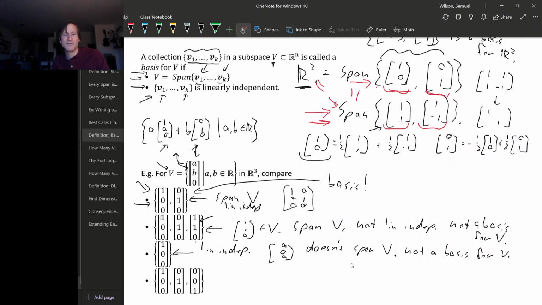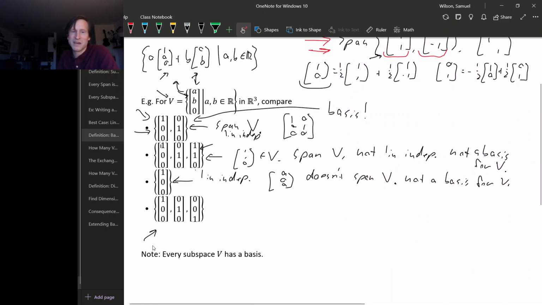Okay, final example here. Does this span V? Well, these are definitely linearly independent vectors, but what is the span of these? The span here is clearly all of R3, right? These are the elementary unit vectors for R3.